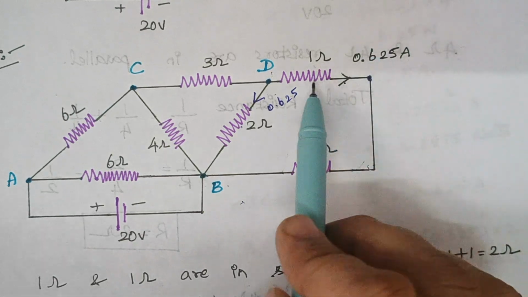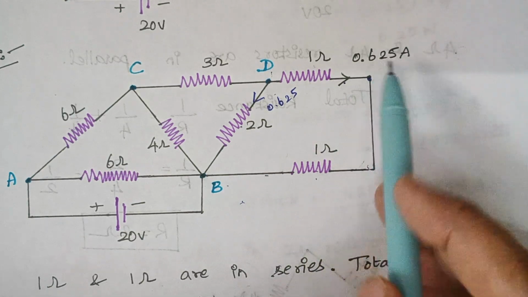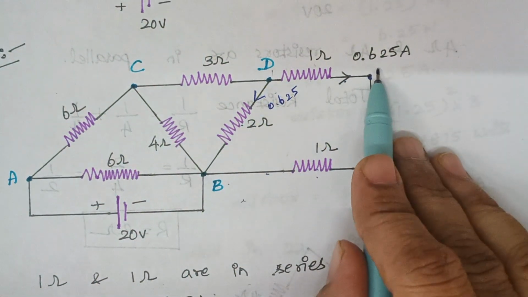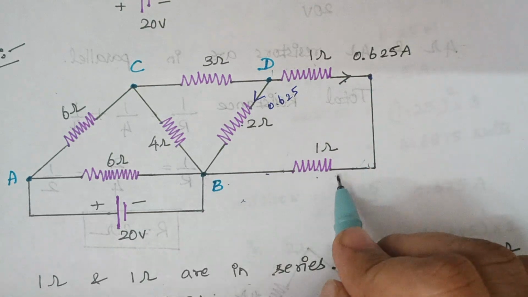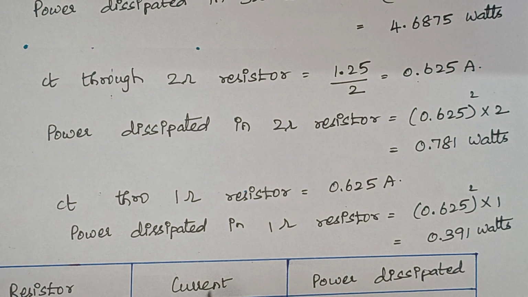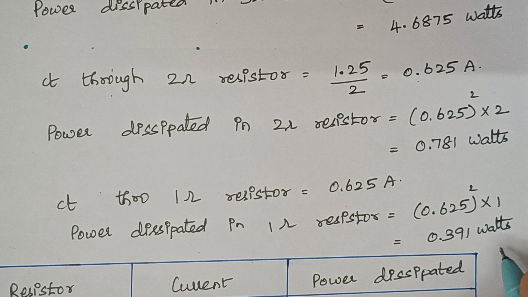So since these two resistors are connected in series, the same current flows through this resistor also. Therefore, how to calculate the power dissipated? It is again 0.625 whole square into 1 and here again 0.625 whole square into 1. Therefore, the power dissipated in the 1 ohm resistor is 0.391 watts here.